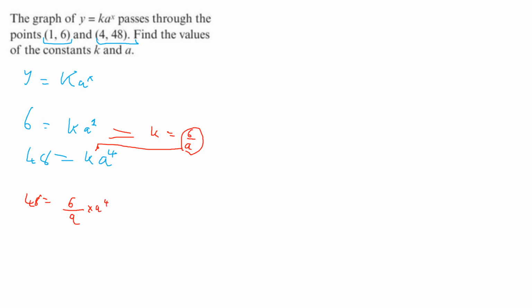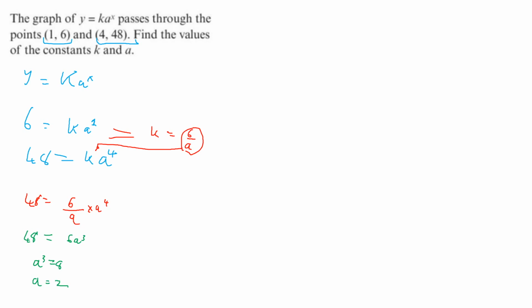Laws of indices, what are we going to do with a? We're going to change it to 6a cubed, which is equal to 48. And then we can divide by 6, so a cubed is 8. And so a is equal to 2.